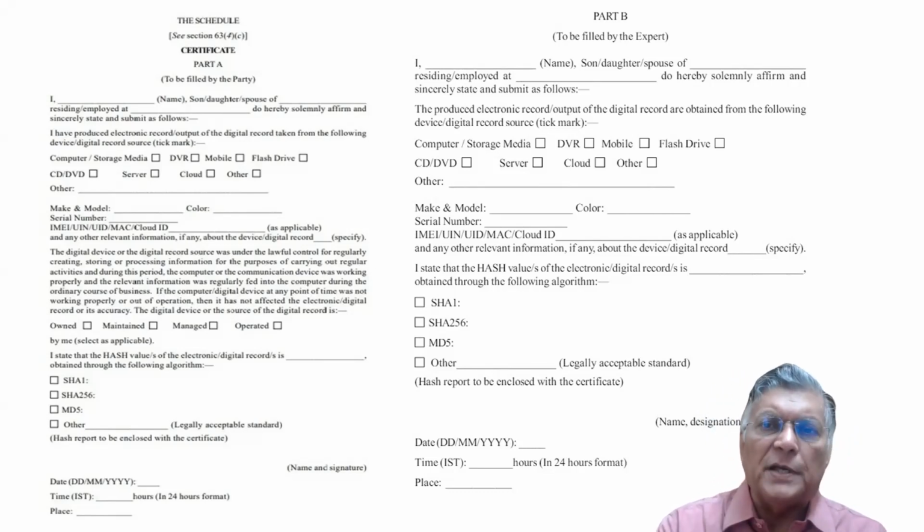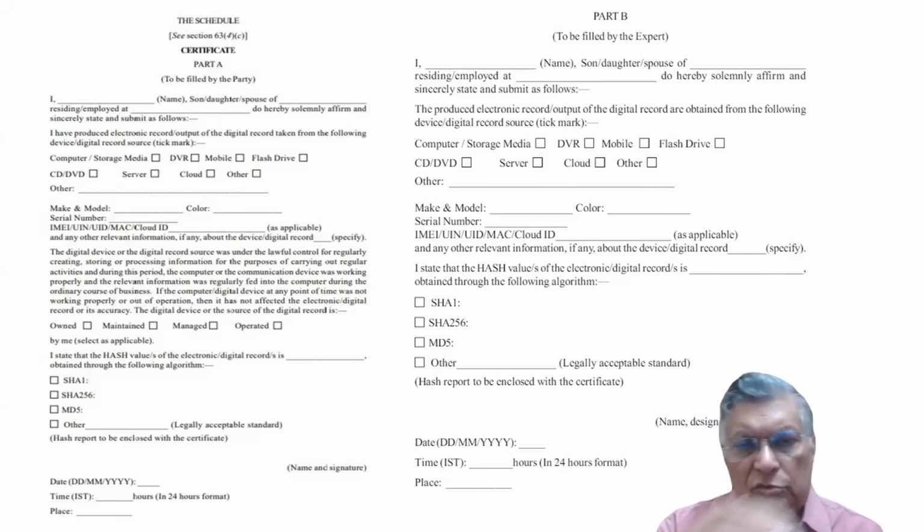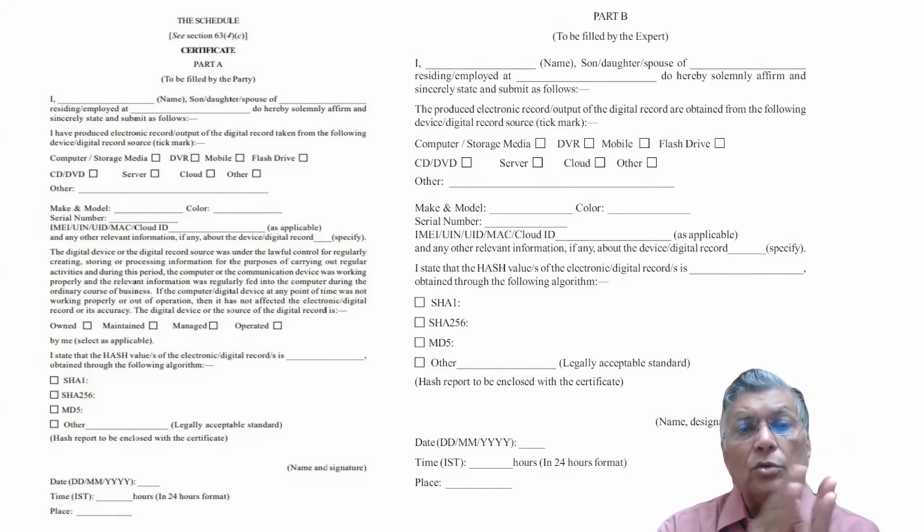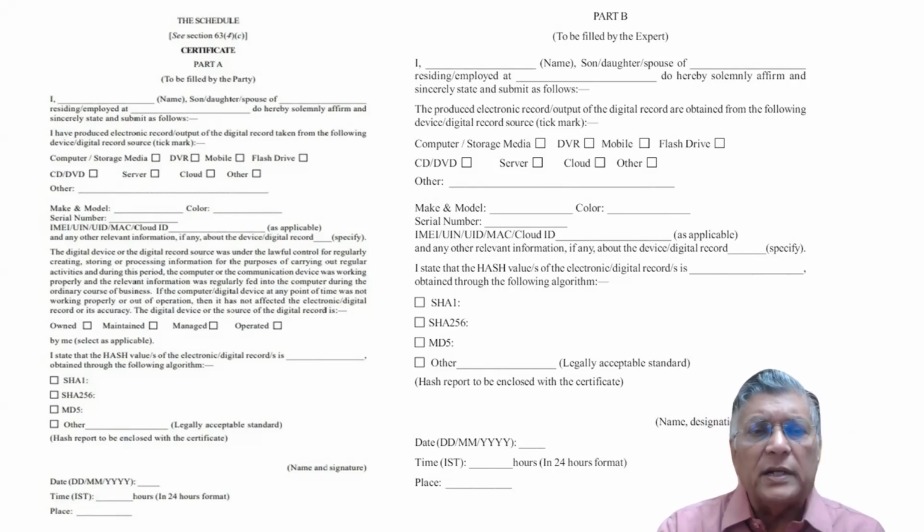Now, what this BSCA says is that he should also sign here, but a person who may not know the entire process and other things, I'm sure that his certificate is of very little value, because in cross-examination, if you ask him, what is this SHA-1 thing you have signed, he will have to say, I don't know.